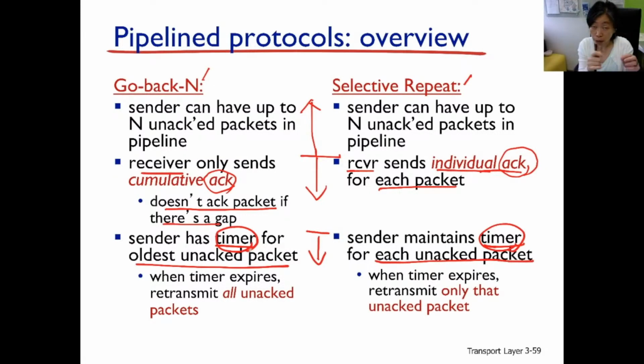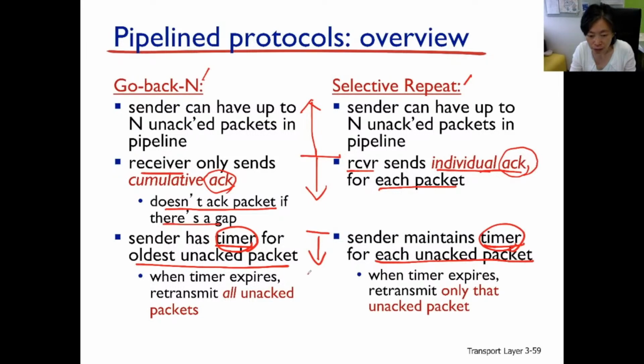In one round, there will be multiple packets being transmitted, but there's just one timer for the first one in that flight. If the first one is acknowledged, there'll be a timer for the second packet, which is now the new oldest unacked packet. So one timer for a flight of packets in go back N.